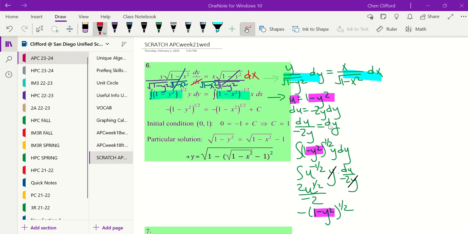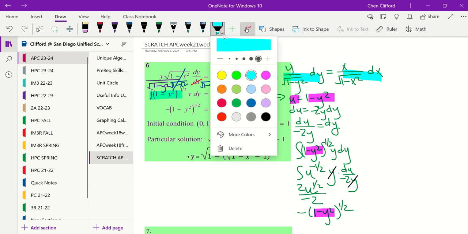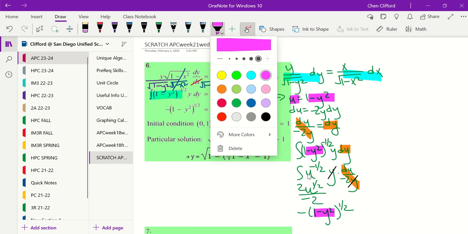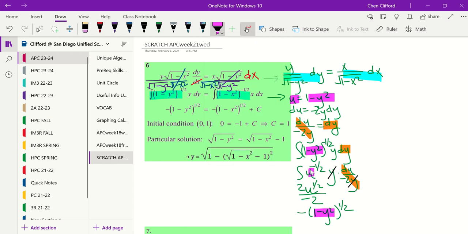And then the dy gets substituted with du over negative 2y. I should do the pink over here again because it got substituted with the u. And then we got the y that carried down over here.